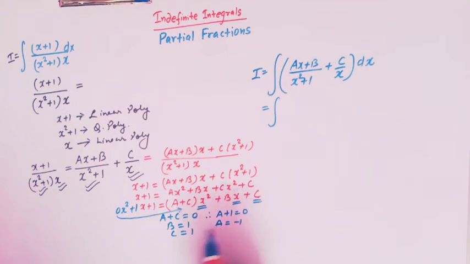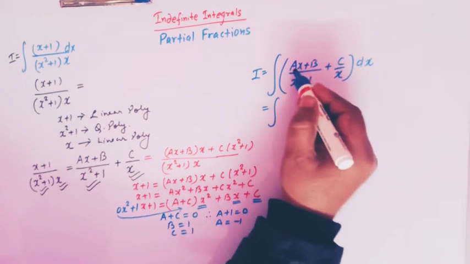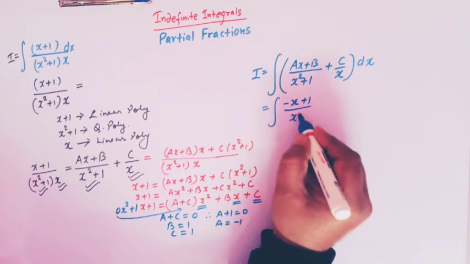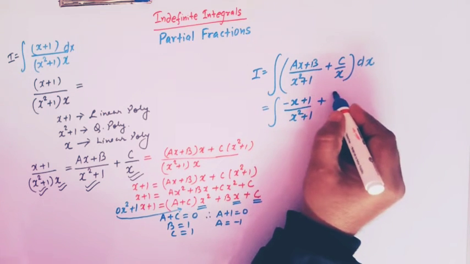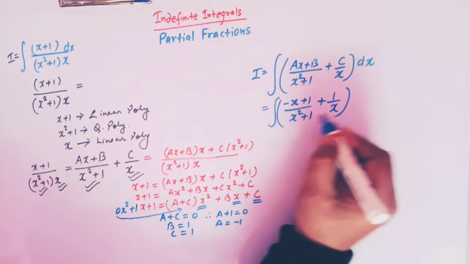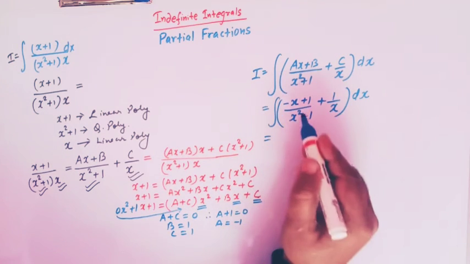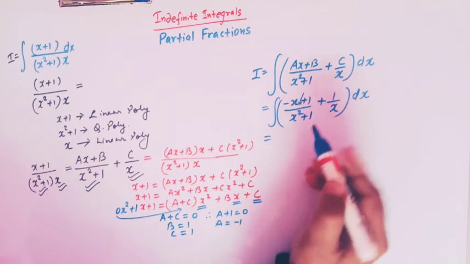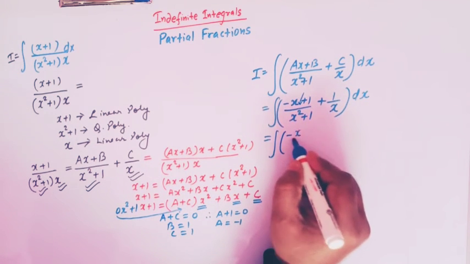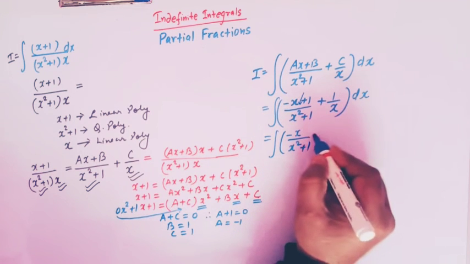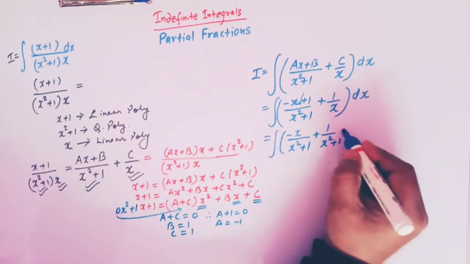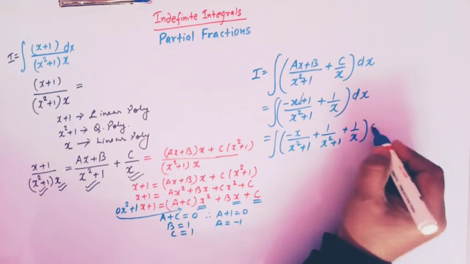Now taking these values of a, b and c, we have (minus x plus 1) over (x squared plus 1) plus 1 over x. Now separating this expression into terms, we have minus x over (x squared plus 1), and 1 over (x squared plus 1), and then 1 over x.